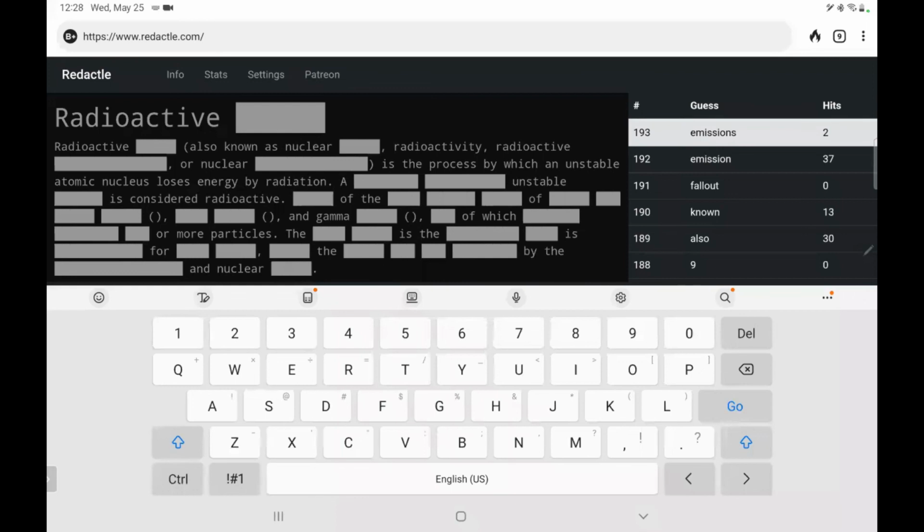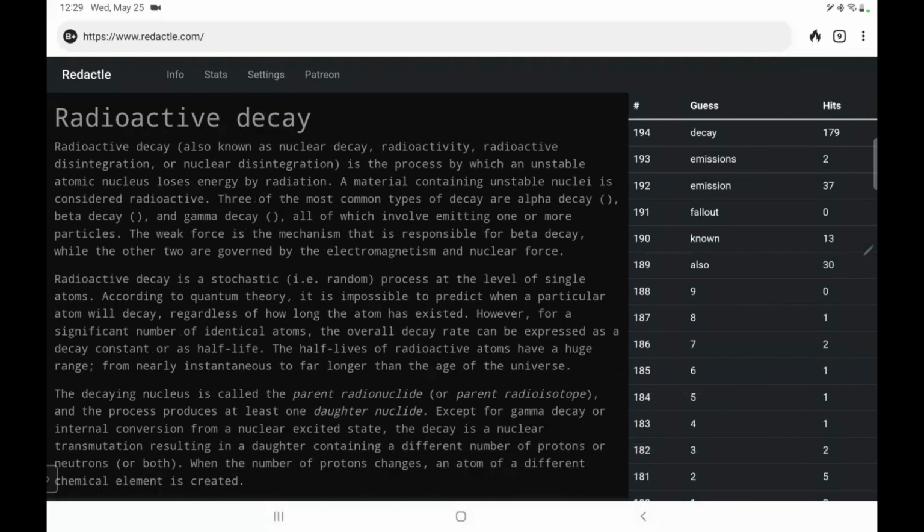So in the interest of time and wanting to have my lunch, I'm going to look up radioactivity on my phone and see. Okay, as soon as I went to Wikipedia on my phone and started typing radioactive, I should have known this. I'm sure many of you knew the word, so congratulations to you if you got it, but I think it should be decay. There we go.